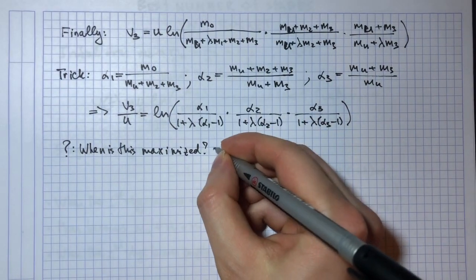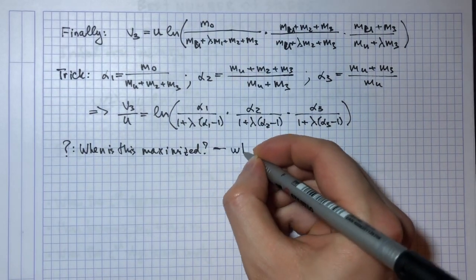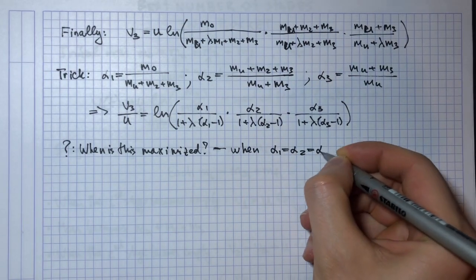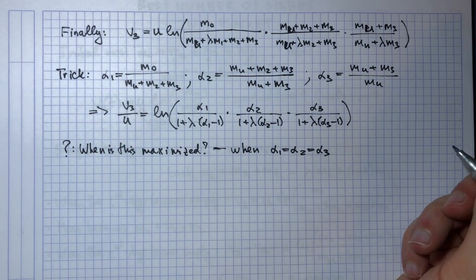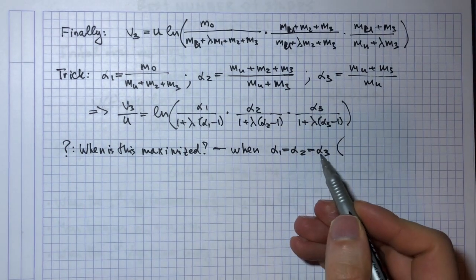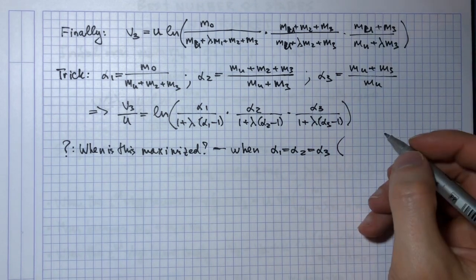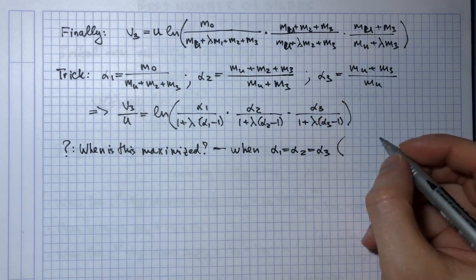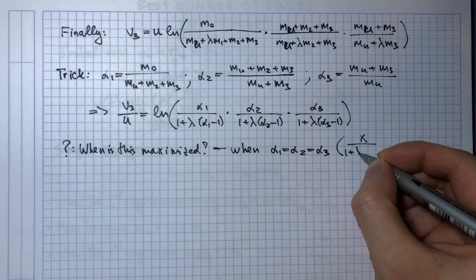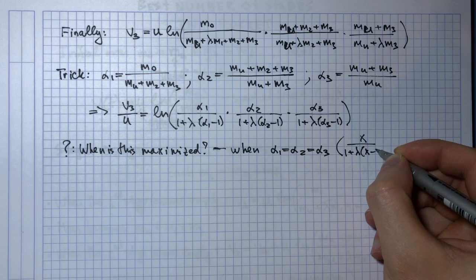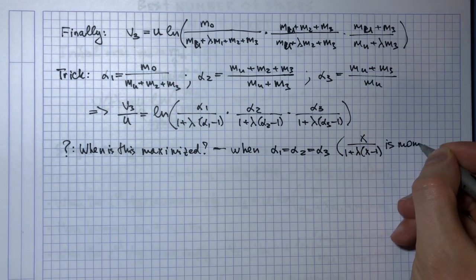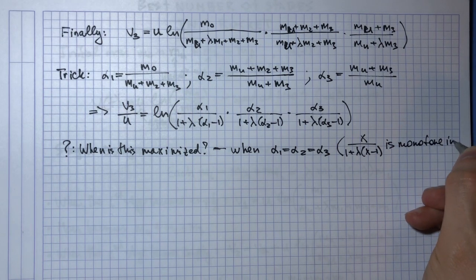Turns out that it is actually maximized when alpha 1 is equal to alpha 2 and is equal to alpha 3. If you want to see it and prove it, which I really suggest you do, use the following fact: x over 1 plus lambda x minus 1 is monotone increasing.